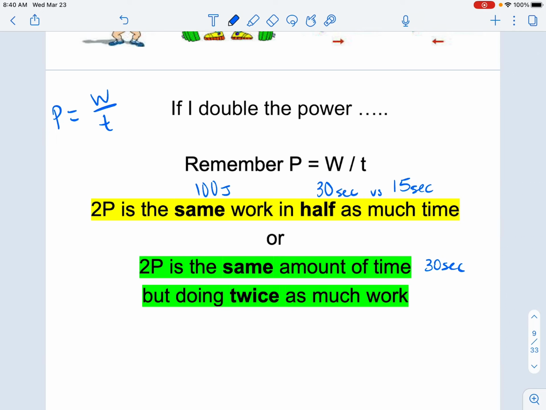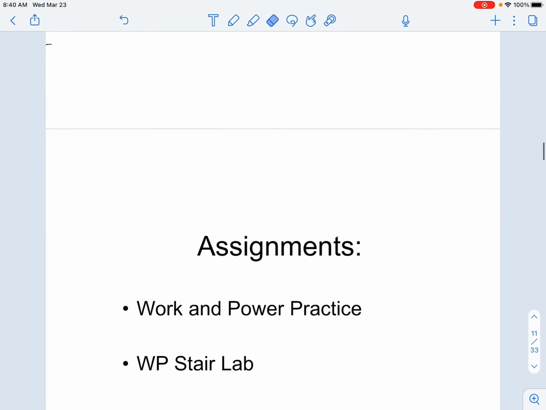So if person A does 100 joules of work and person B does 200 joules of work, person B is more powerful because they did more work in the same amount of time. If we compare these two numbers, we essentially doubled the amount of work that was performed, and work and power are directly related. So doubling my work is going to double my power. Okay, so these are questions that you need to be able to answer in the future.